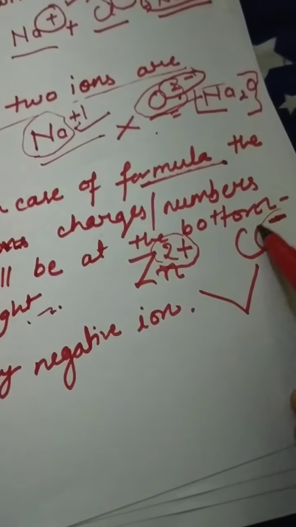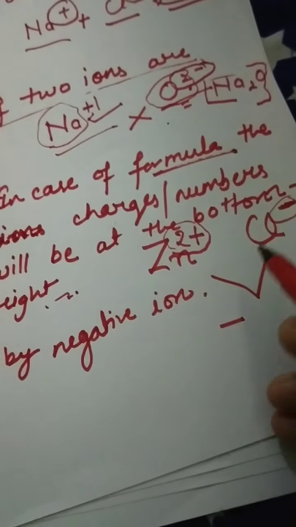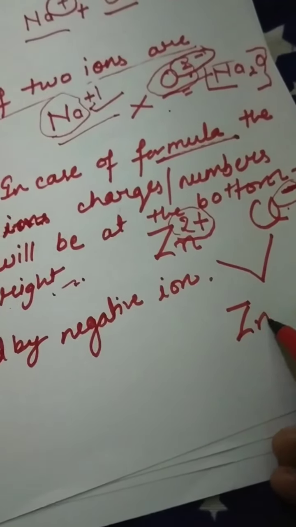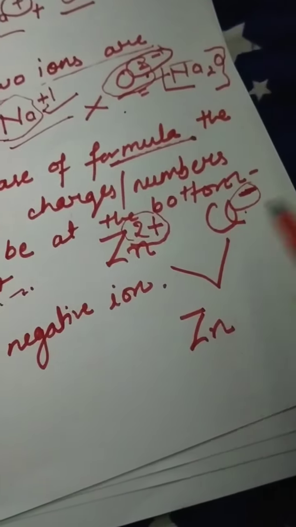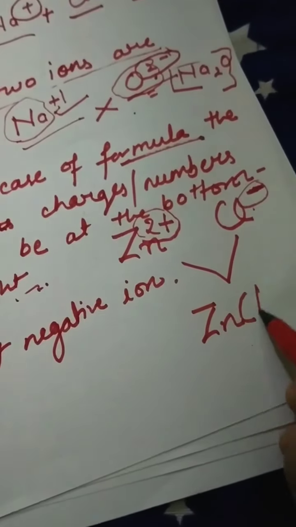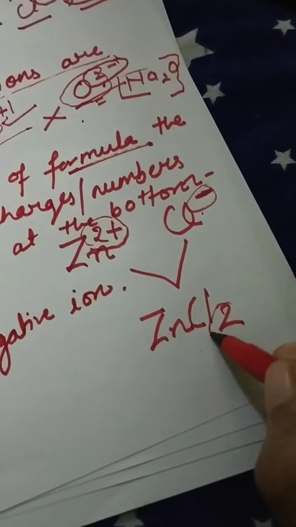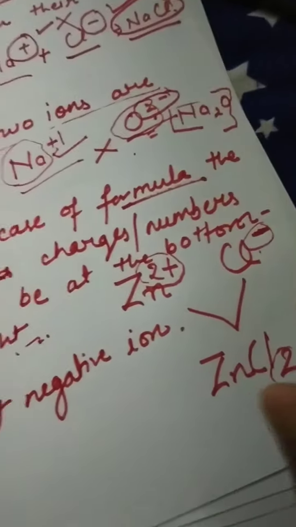But when the formula is formed, they will get crisscrossed. The minus charge will come to Zn, and the 2 positive charge will go to Cl, and it will be ZnCl2. And this number will come in the bottom corner, not on the top.